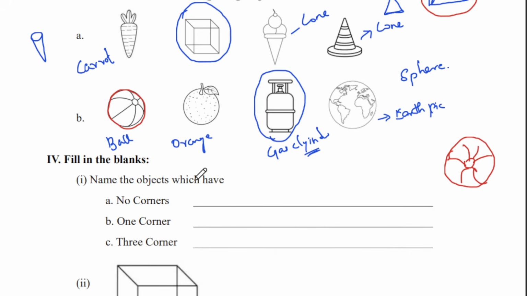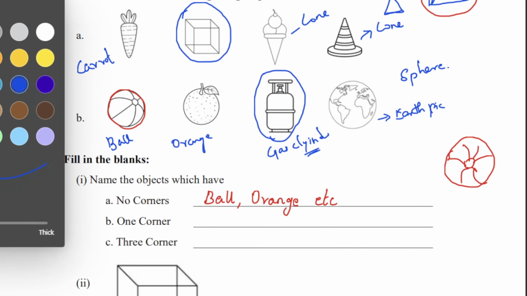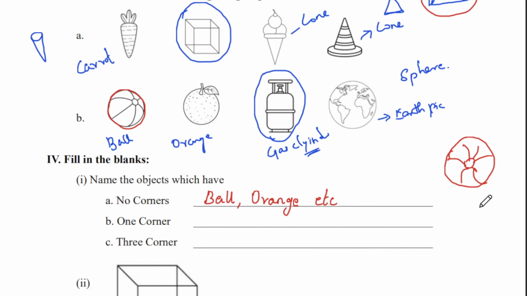Okay. So you can write ball, or you can write orange. Whichever object is in sphere shape, you can write the same. We have many objects. Okay. Next, one corner. Which object has one corner? The object which has one corner is the object which is in cone shape.